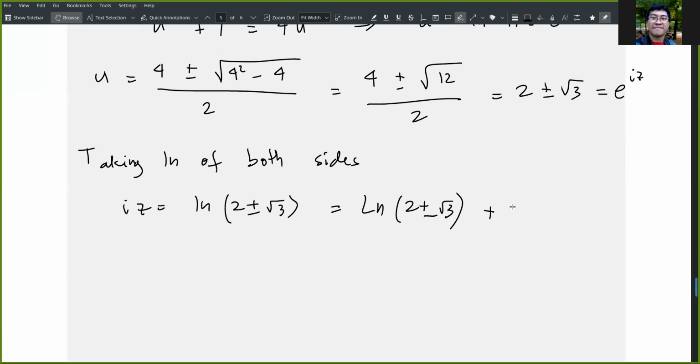So you have here i 2n pi. Now multiplying both sides by minus i, you have z equals minus i ln of 2 plus minus square root of 3, minus i times, so that's plus 2n pi.